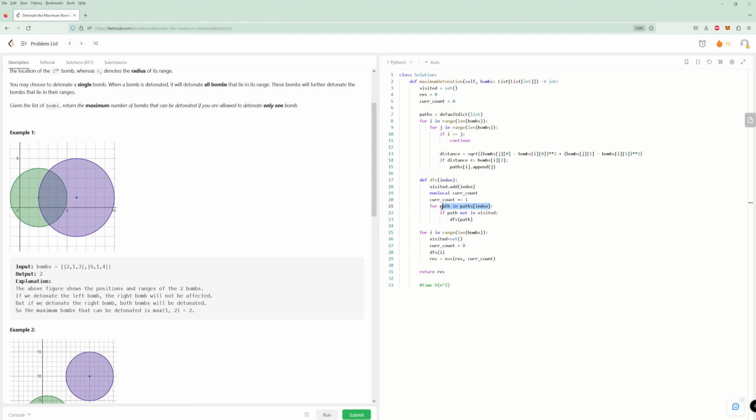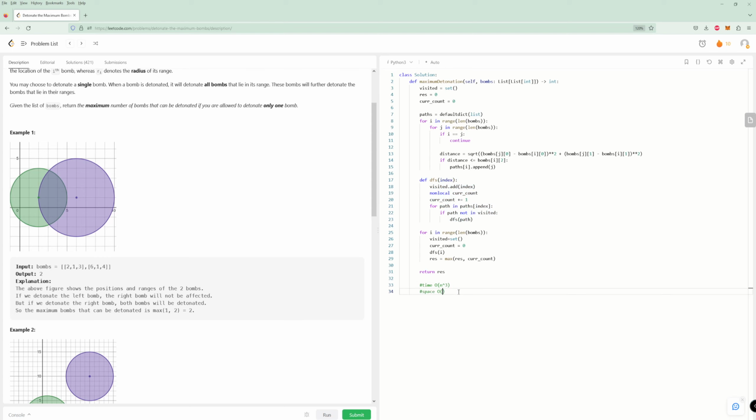So this for loop would technically take n nodes as well. So I think this might actually be n cubed, because we have this for loop, that's big O of n, we have this DFS, that's big O of n, and in the DFS we don't DFS to other nodes, but we still have to do this for loop. So worst case it's a for loop and another for loop and another for loop. So I think it's actually big O of n cubed for time. I could be wrong, but I think that's right.